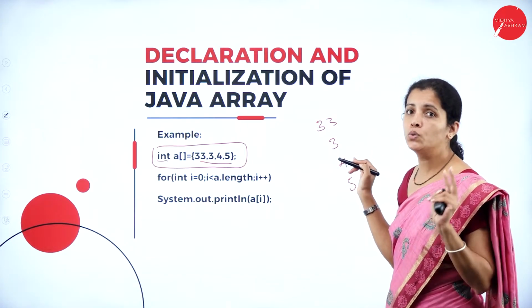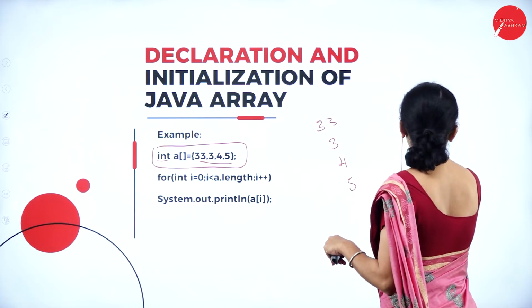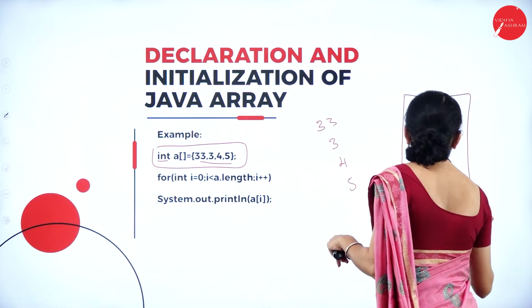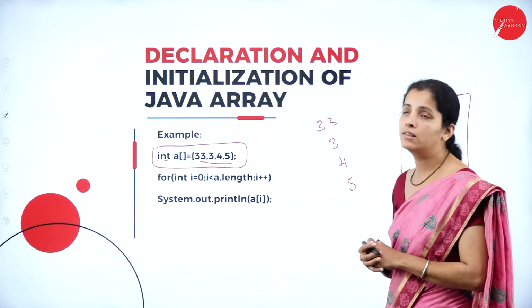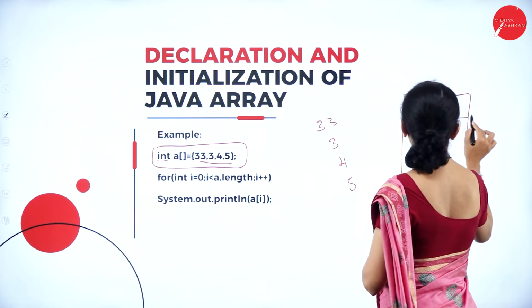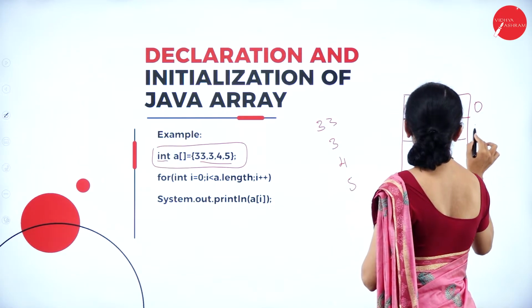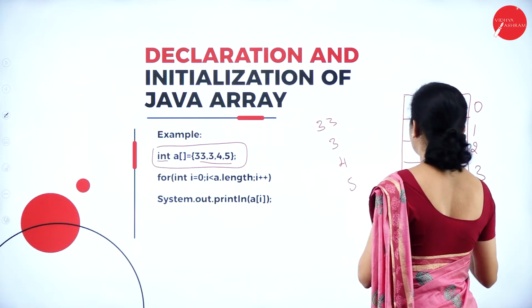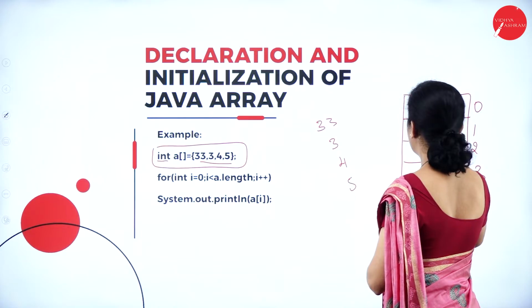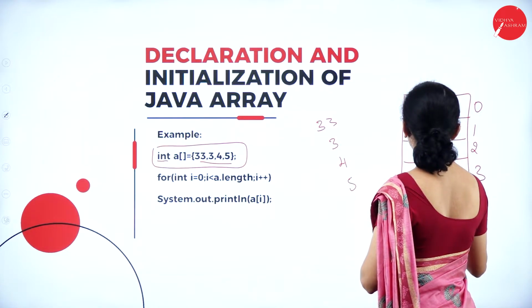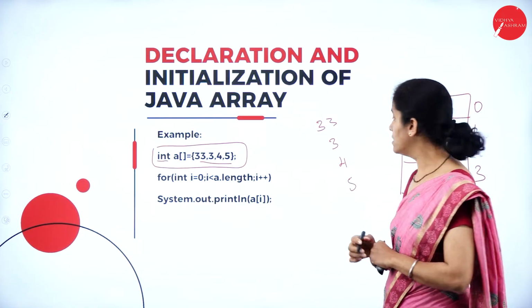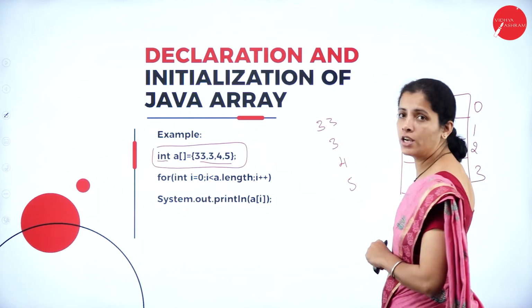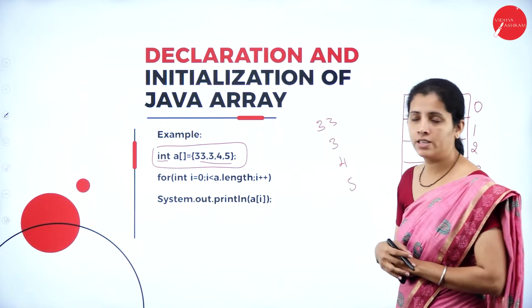So 2 into 4, total 8 bytes of memory is reserved for this a. And the index starts from 0, 1, 2 and 3. And I'm going to store the elements one after another, and this is nothing but the continuous memory allocation.